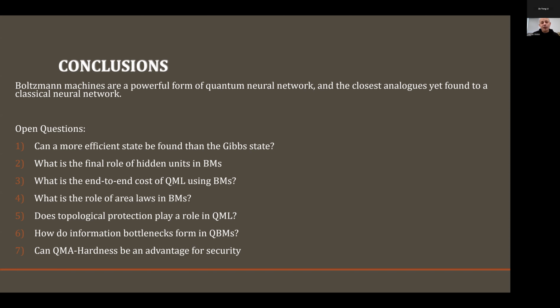So there may be ways that, similar to how public key cryptography works, we can leverage the very hardness of Gibbs state preparation to come up with a more secure version of quantum machine learning using some of these ideas.